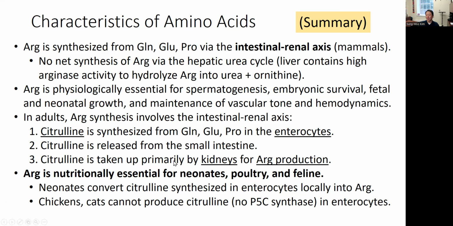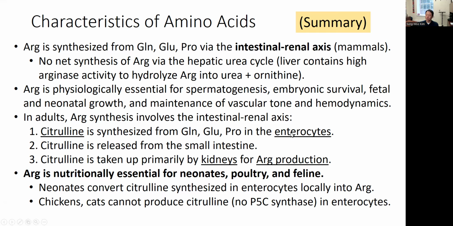Whereas arginine is made from the kidney. Actually, the kidney is the main tissue in the body providing arginine. This kidney will utilize the citrulline, which is exported from the small intestine.